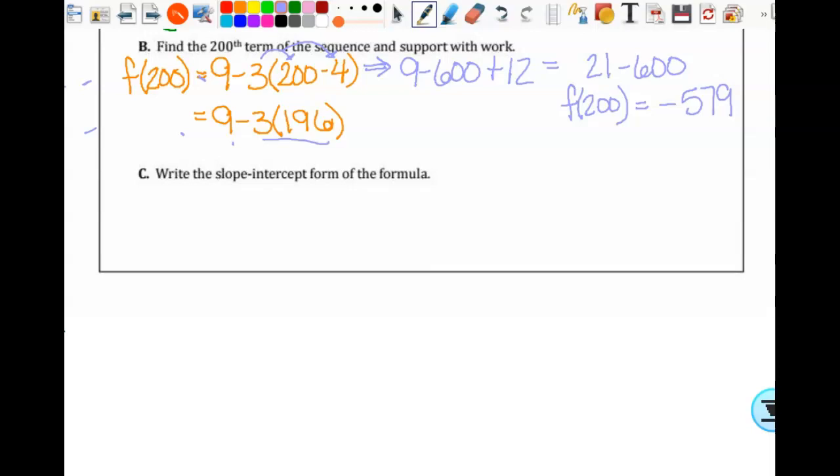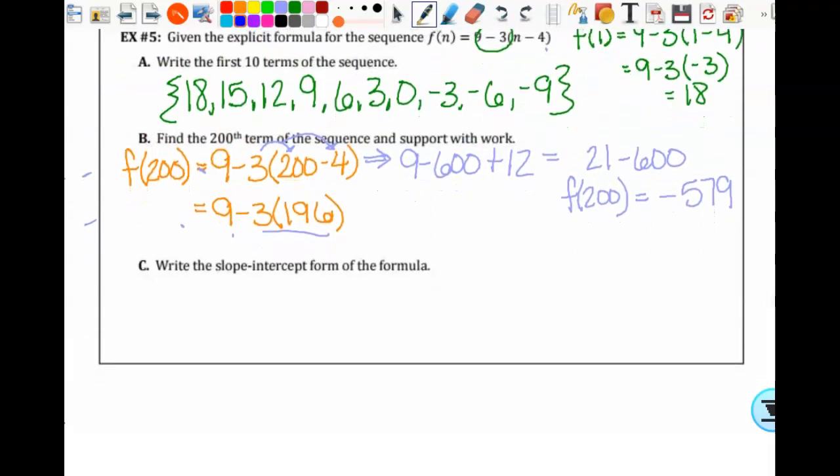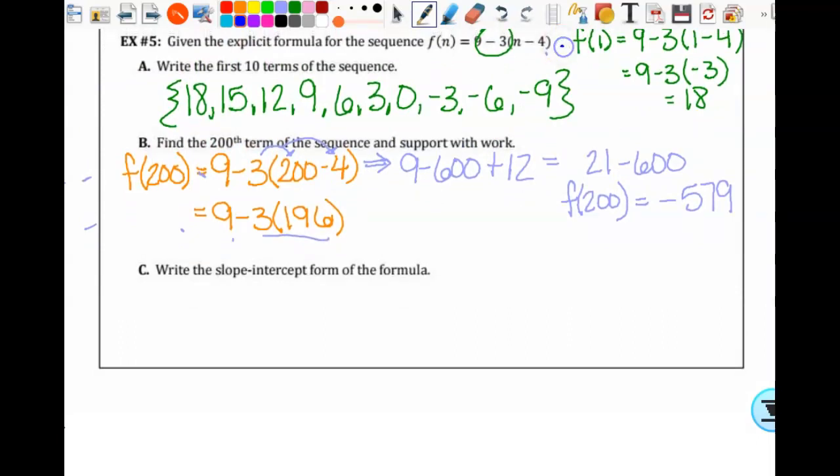Then it says, write the slope-intercept form of the formula. Well, I have this right here. This is basically the point-slope form of it. I need to simplify that. So f of n is equal to 9 minus 3n plus 12.